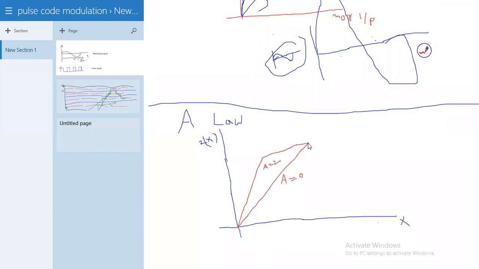Next, A equal to 87.56. This is for A equal to 87.56. So this is for A law companding.